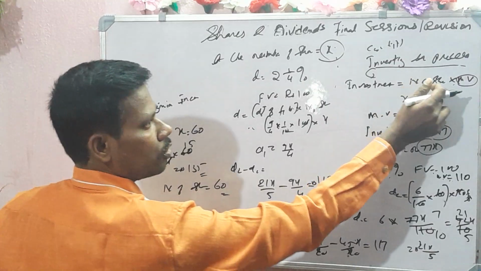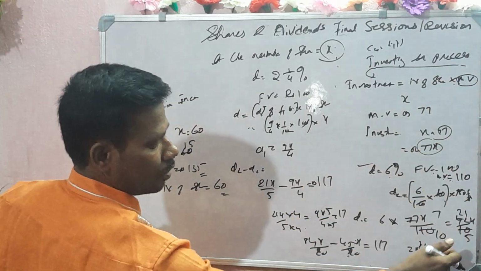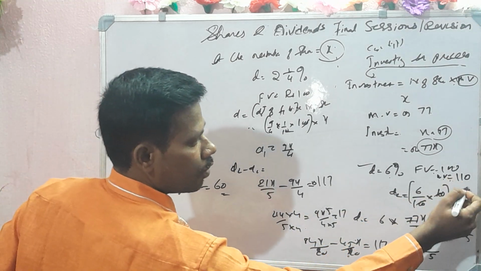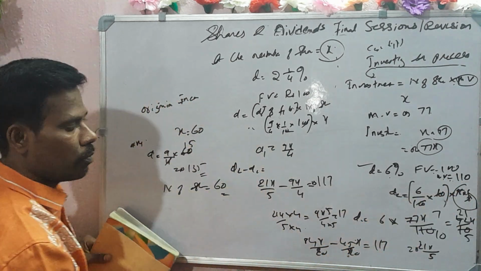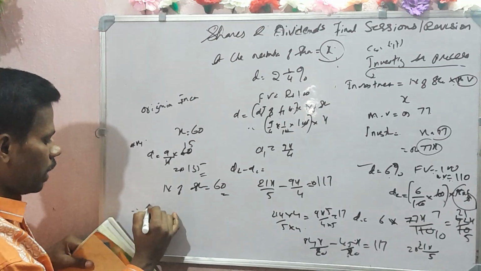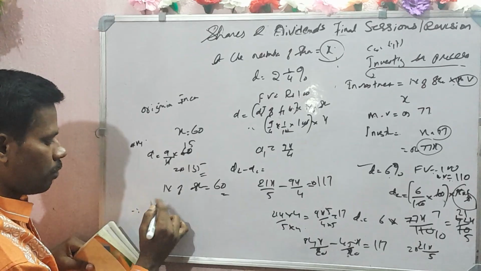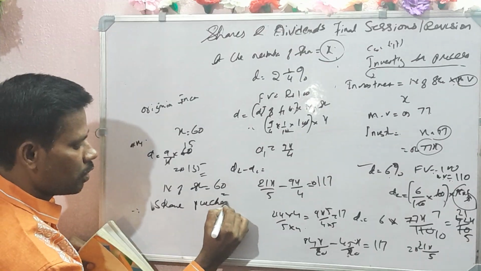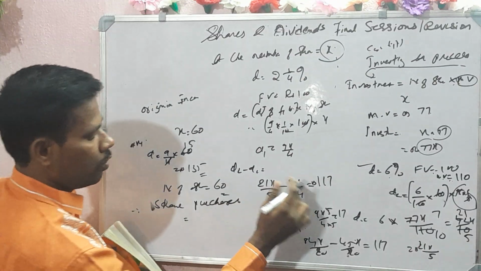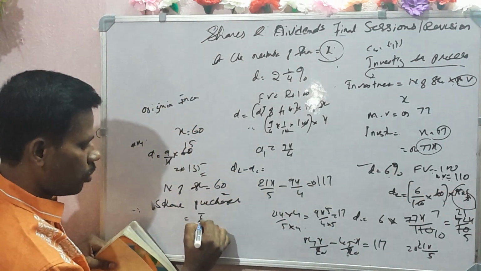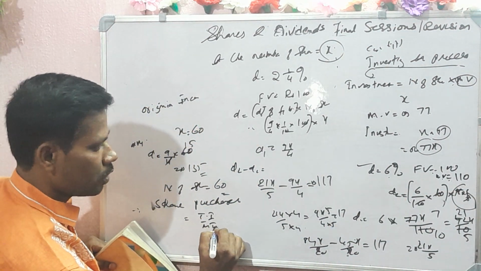Investment. I told, no, new investment. Number of shares did he buy? Number of shares is here, this one. Total investment, therefore, how many shares did he buy? Shares purchased is equal to what we have written, total investment. Number of shares is equal to total investment by market value.